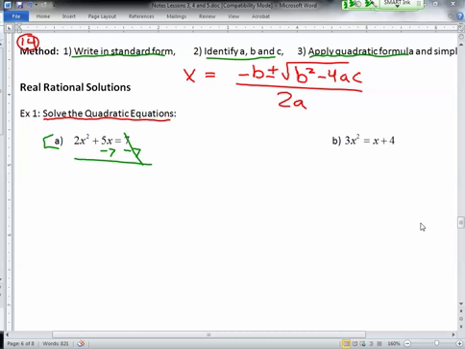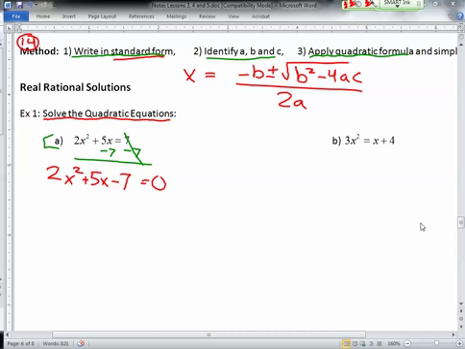And if I bring down what I have left, I end up with 2x squared plus 5x minus 7, all of that equal to 0. So now it is in standard form because all the terms are on one side of the equal sign, and I'm meeting with my x squared, and then my x, and then my constant.